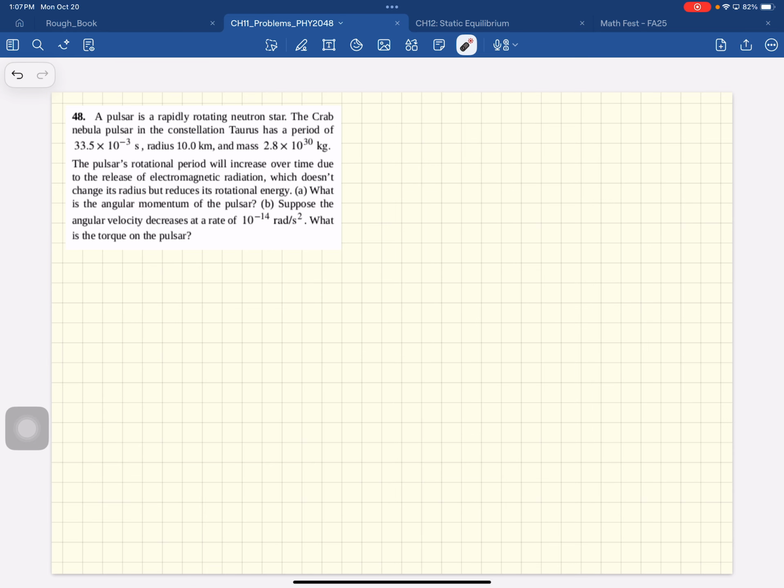What is the angular momentum of the pulsar? Suppose the angular velocity decreases at a given rate. What is the torque on the pulsar? First, the angular momentum. Just like linear momentum is mass times velocity, angular momentum is moment of inertia times angular velocity.